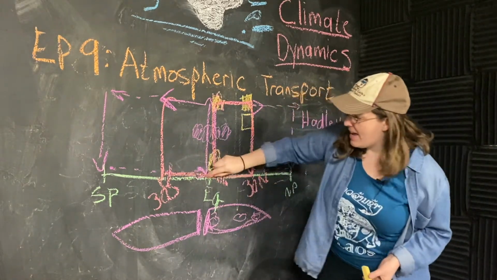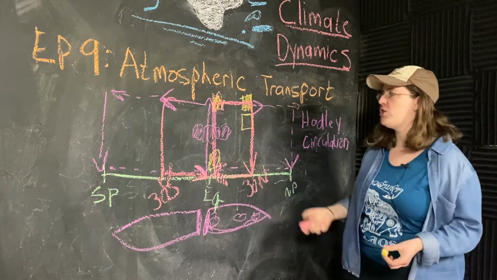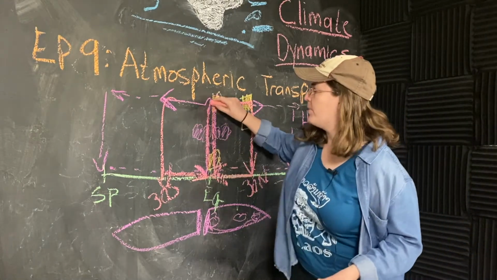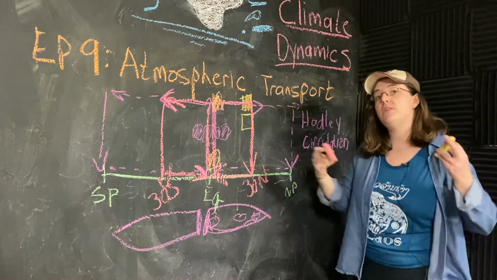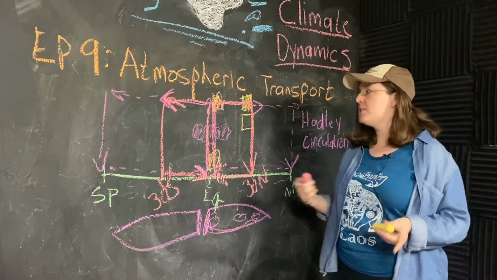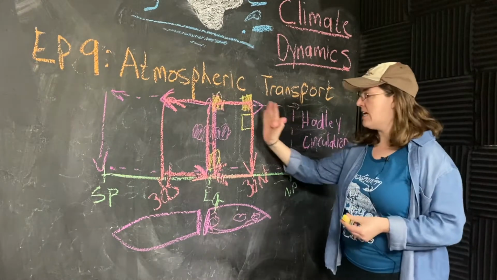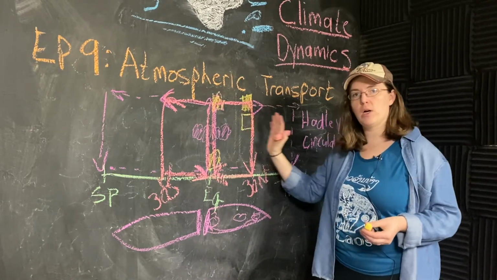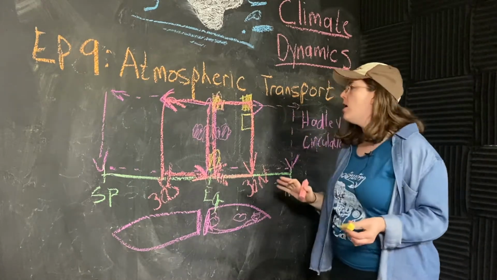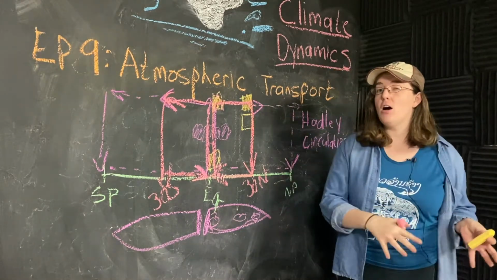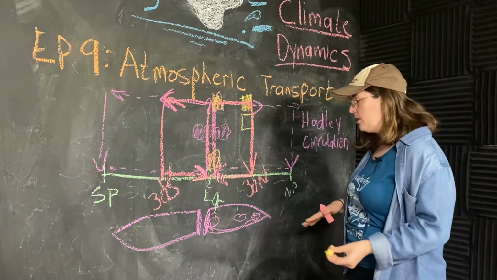But because of the conservation of angular momentum, it breaks down at about 30 degrees. That is unique to planet Earth. If we were spinning faster, this cell would become shorter, more compressed. If we were spinning slower, it could move further north. So this is very much a function of our rotation rate.